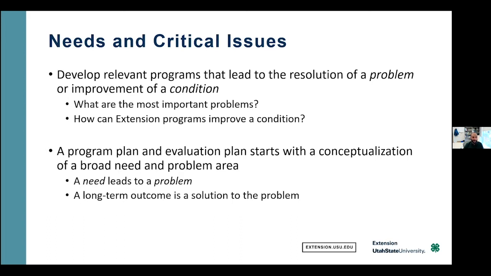So we always start by asking what are the most important problems and how can extension programs improve that condition. Both the program plan and the evaluation plan start with that need and with a long-term outcome, which is ideally the solution to that problem or how we can improve that condition.